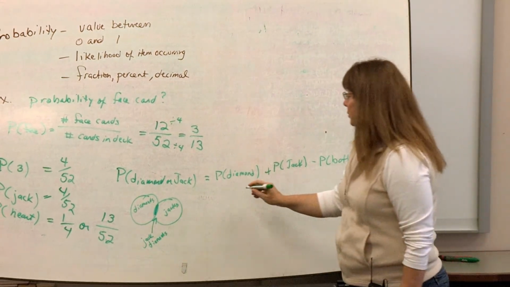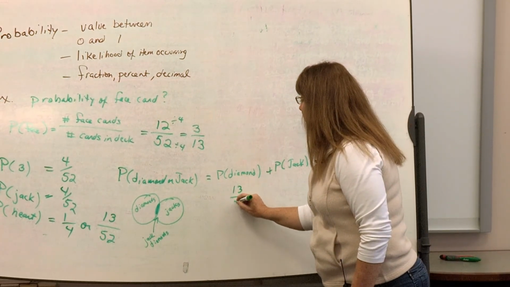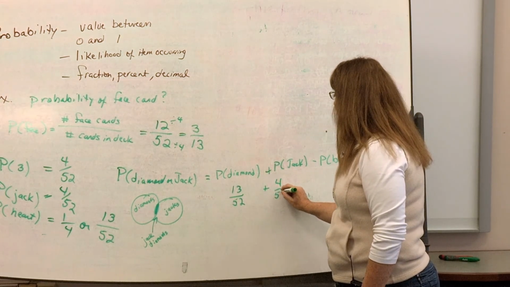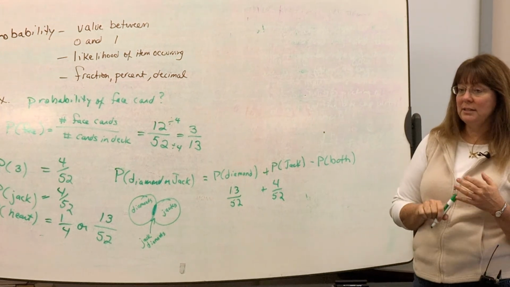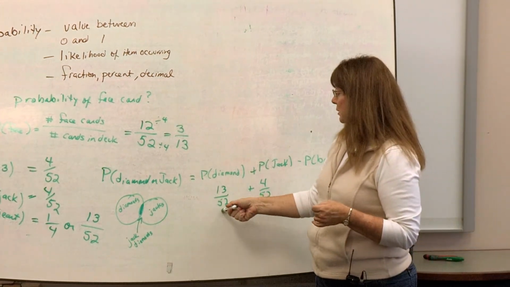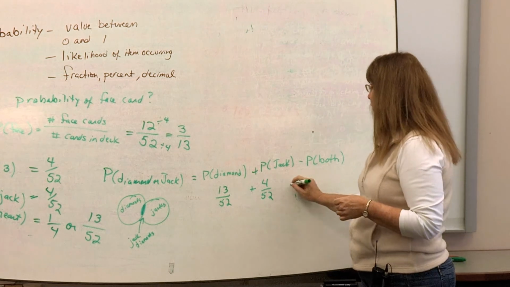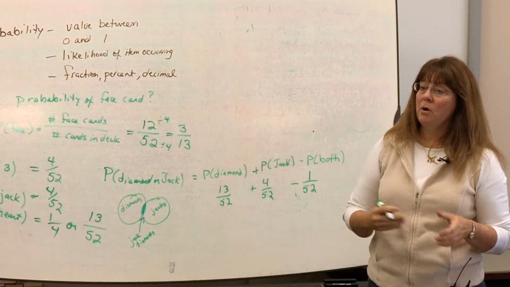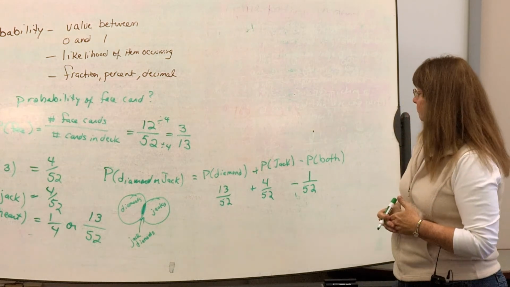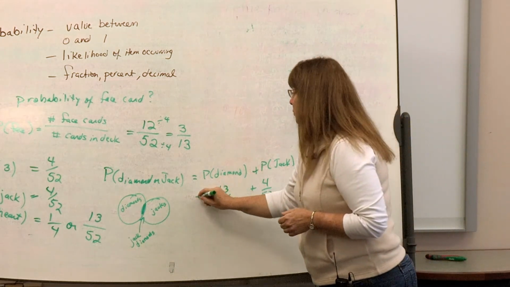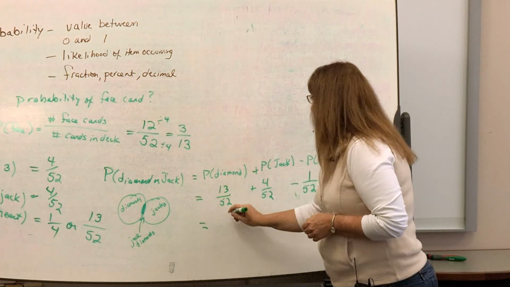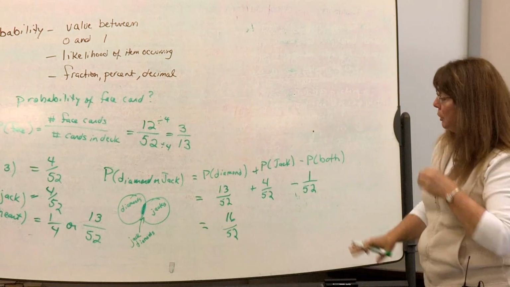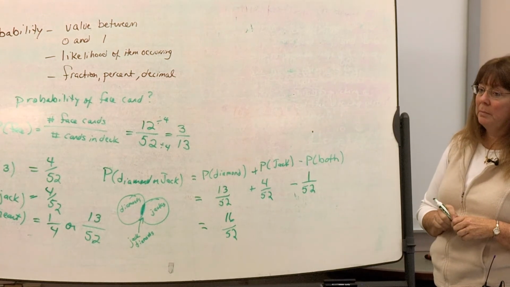So I have 13 cards out of 52 that are diamonds, and I have 4 cards out of 52 that are jacks. But I counted that jack of diamonds twice. I counted him once in here, and I counted him once in here. So there's 1 jack of diamonds in that deck, and I've got to take him off because I counted him twice. So they'll use that same idea that we talked about with the overlap in the Venn diagrams when they're doing some of these things for probability.